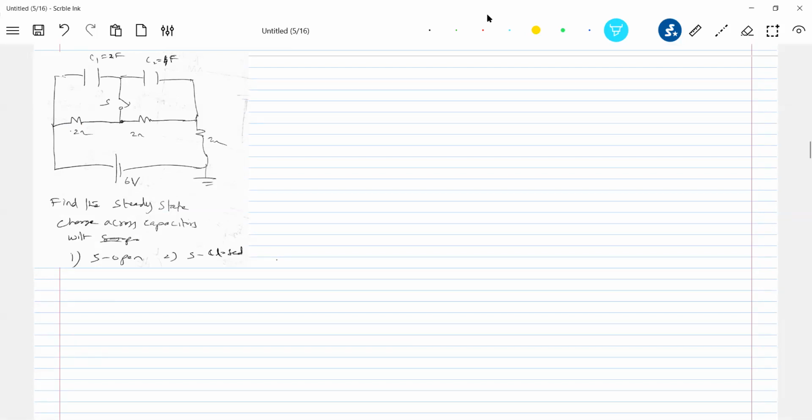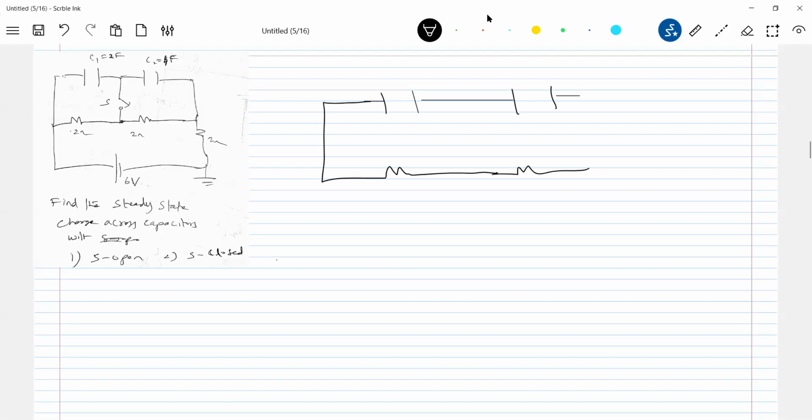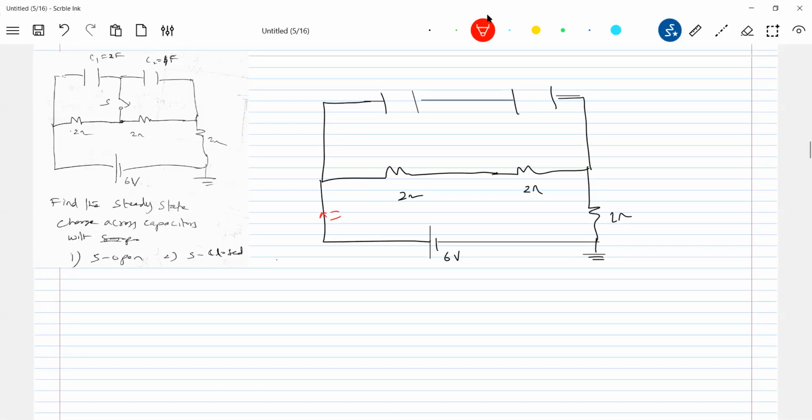With the first case, switch S open, there's a 2 ohm resistor and a 6 volt battery. Where can the current flow? In place of the capacitors there will be an open circuit.